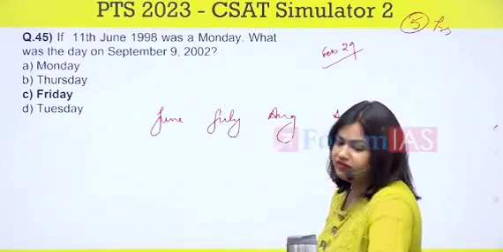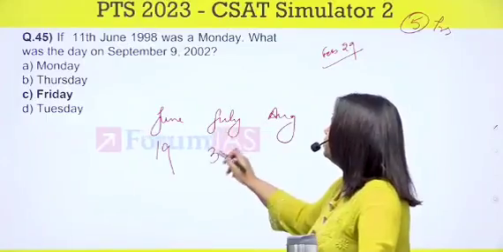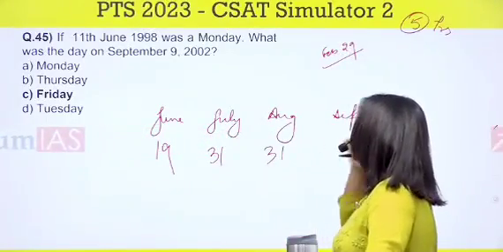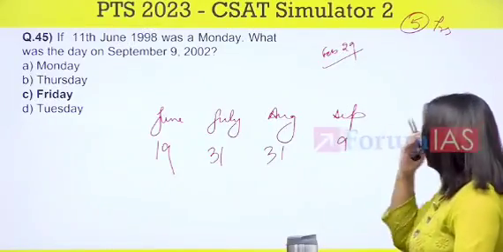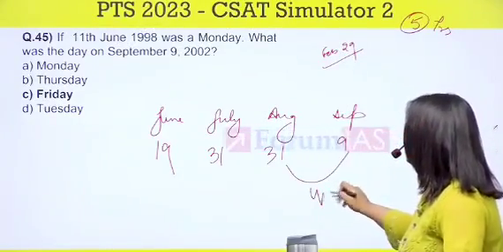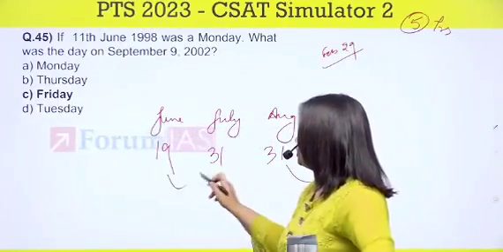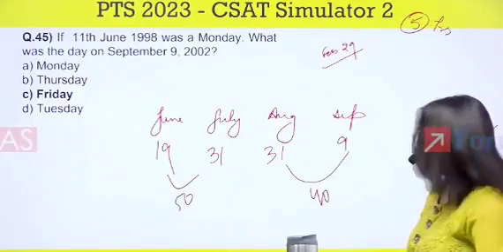How many days? I have 19 days. July, how many days? 31 days, right? August, how many days? 31 days. And September I have to come till 9. Okay, now when I add this, how much is this? 40, right? How much is this? 40, 50. Yes.